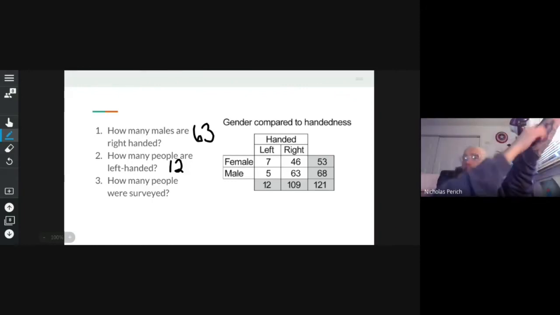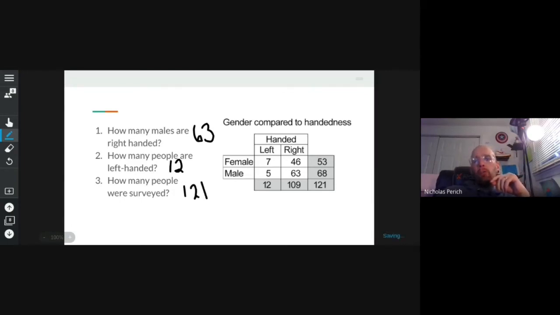In the chat. 121 is correct, because how many people are surveyed means how many total people were involved in this, and that's always the guy on the bottom right. Very good.